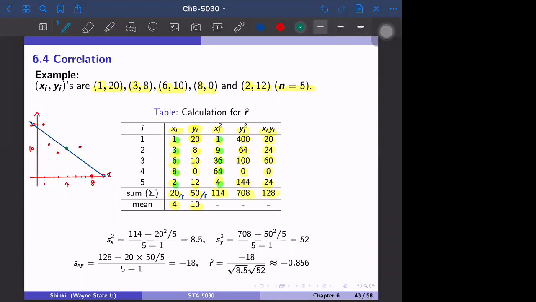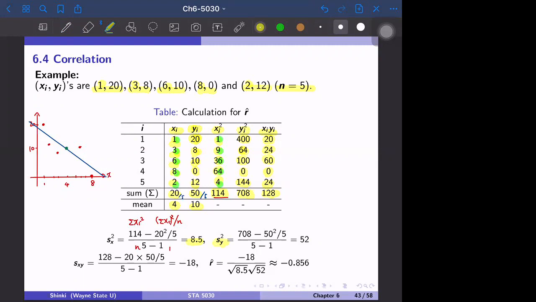Then s_x squared is equal to the summation of x_i squared, which is 114 here, minus the square of the summation of x_i divided by n, where n is 5 and the summation of x_i is 20, so 20 squared. Then divide by n minus 1, so 5 minus 1, and we get 8.5. For s_y squared, we have the same thing but for y, which gives 52.